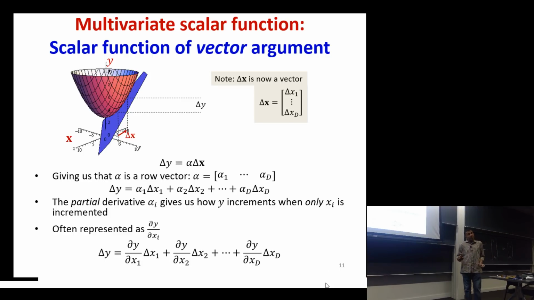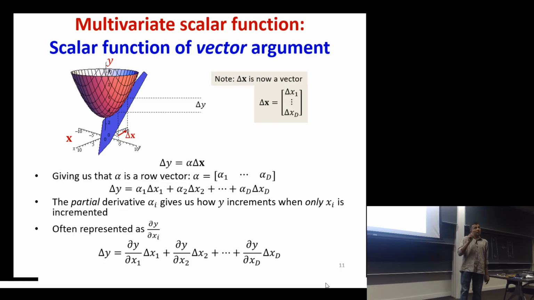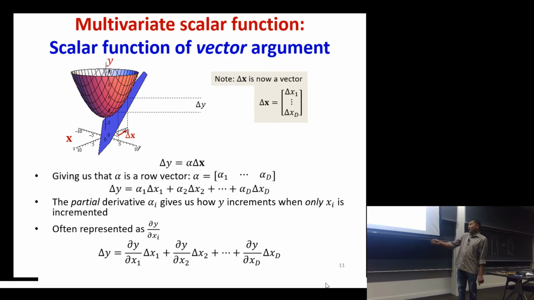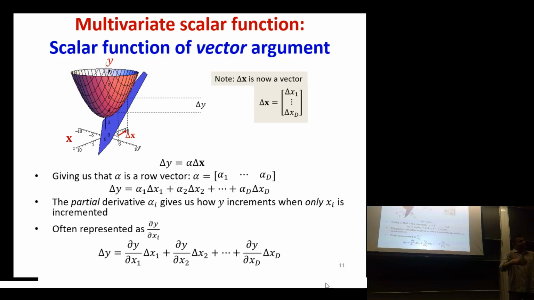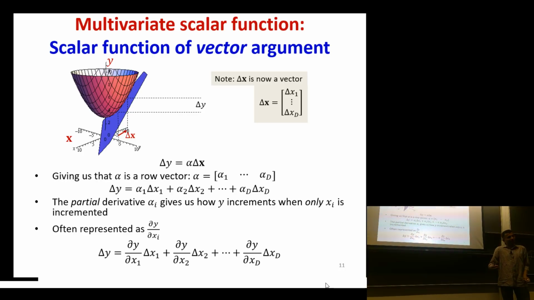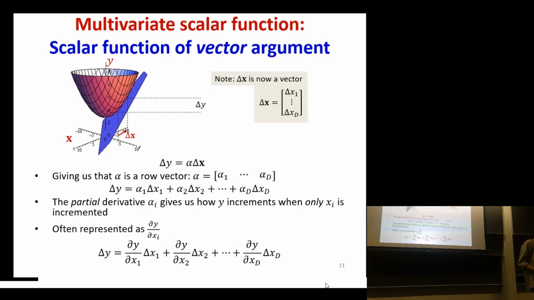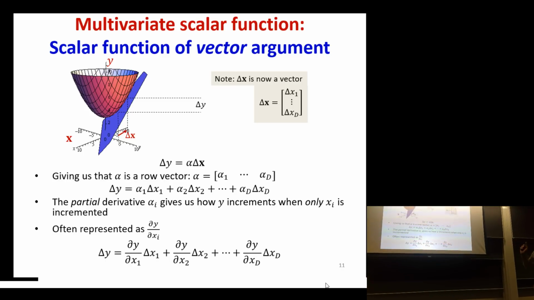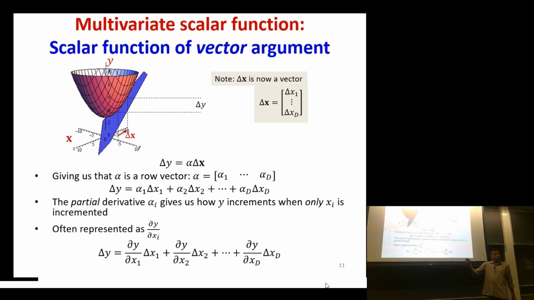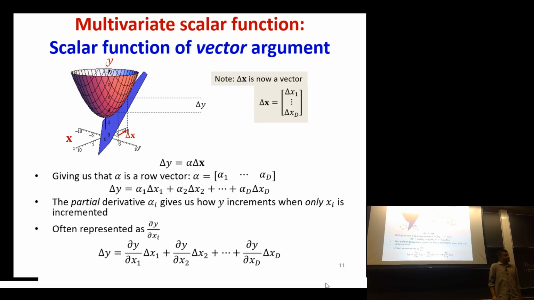Now here there's a business of convention, and I'm going to use a slightly different convention than you might be used to. Once I begin dealing with vectors and matrices, I can write this as alpha transpose or alpha, and they end up giving you different kinds of conventions. I'm using the same convention that I used for scalars. So delta y is alpha times delta x.